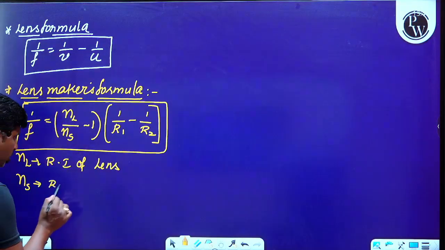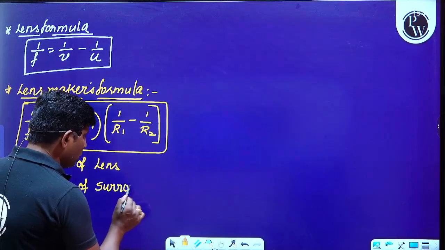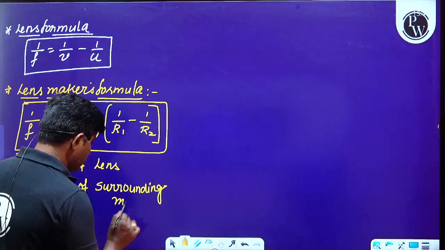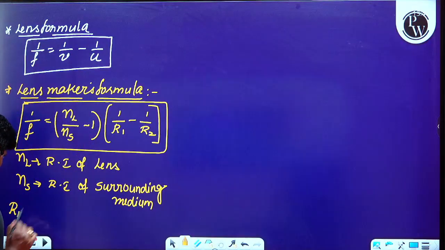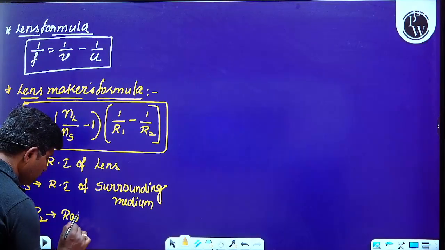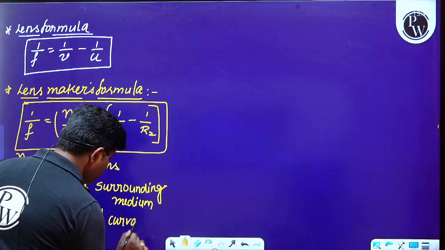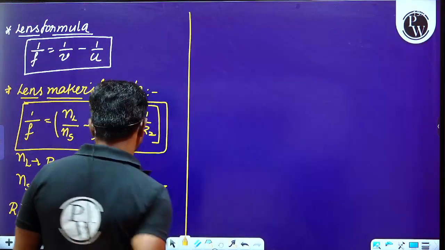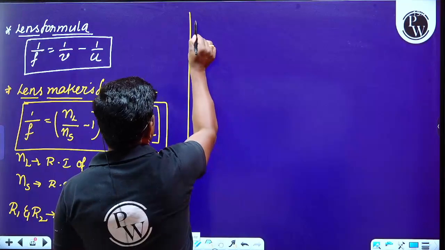NS is the refractive index of the surrounding medium. R1 and R2 are the radii of curvature of both the surfaces. Is it clear? I hope you understood these points clearly.